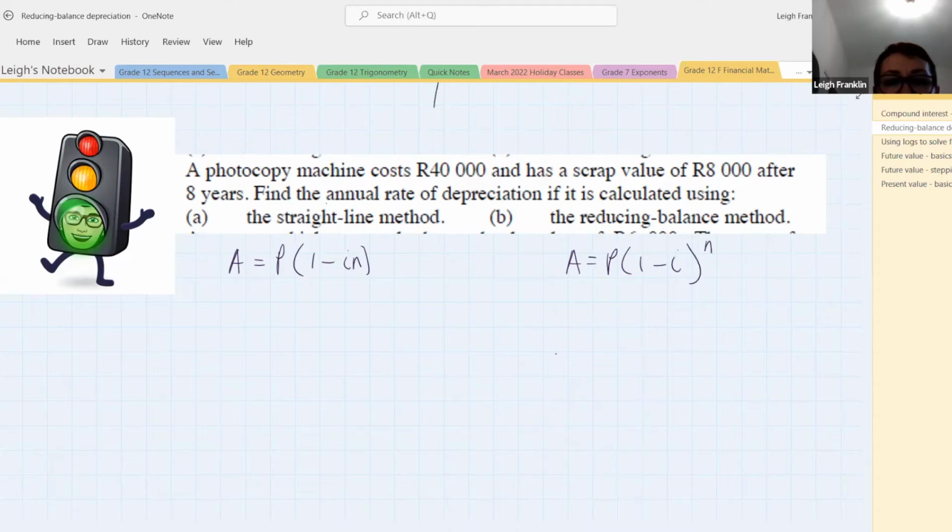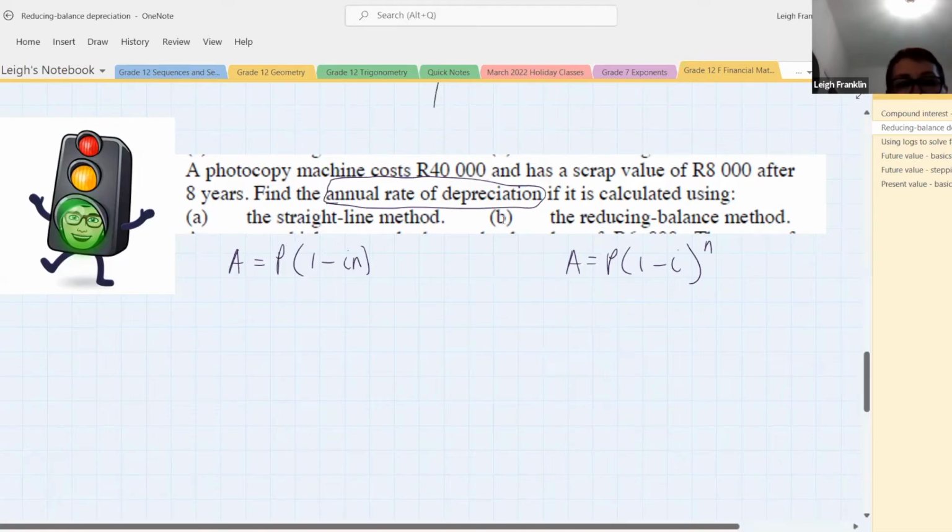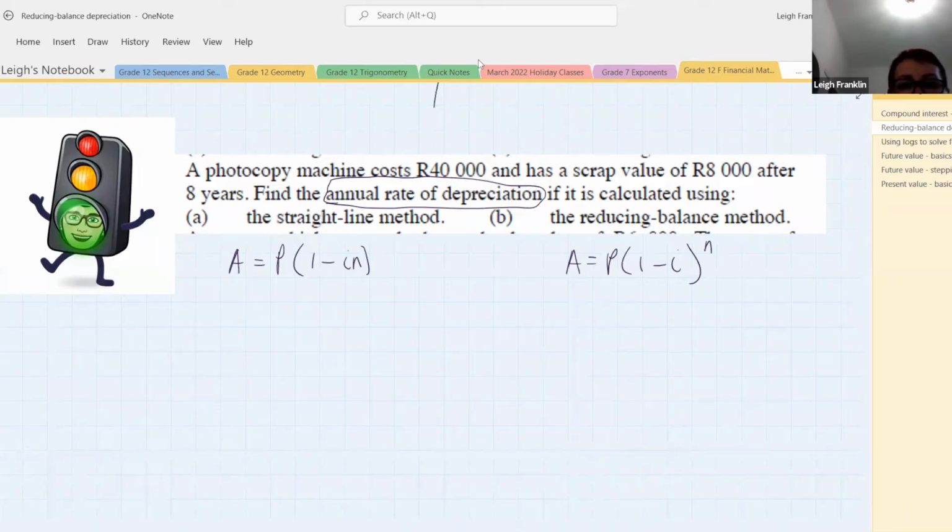When they talk about finding the annual rate of depreciation, what letter are we solving for, grade 12s? No, Riabilwe, we're not solving for n. We are solving for i. Yes, i. They want the rate, the depreciation rate. So you have to decide what the 40,000 is, what the 8,000 is.